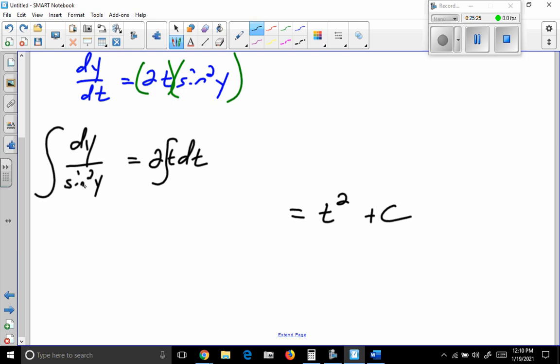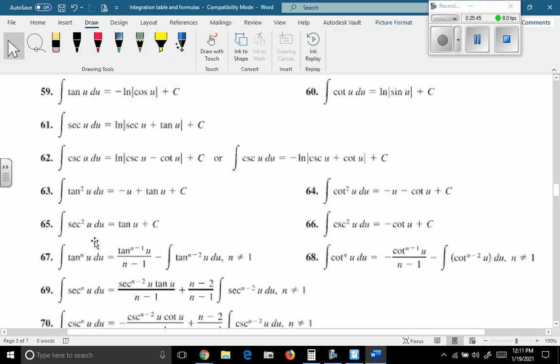And then, remember we had rules for integrating trigonometric functions when we had sine squareds or cosine squareds on bottom. But let's look at our table to see if we can find one that looks like that. If we look through the table, we might not find something that looks exactly like this. But notice we have some that involve secant squared u's and cosecant squared u's.